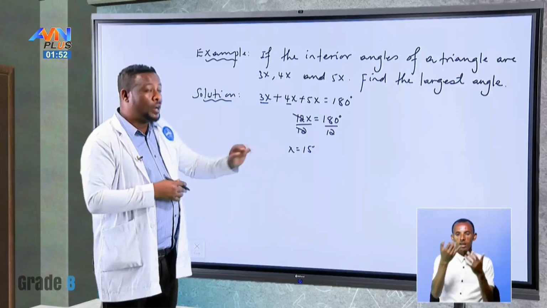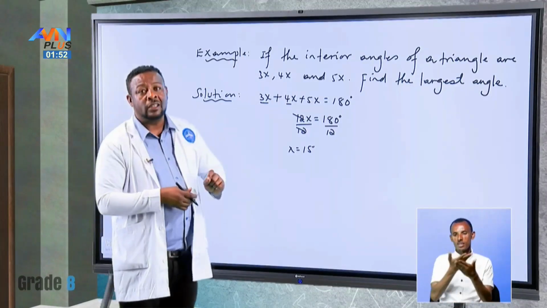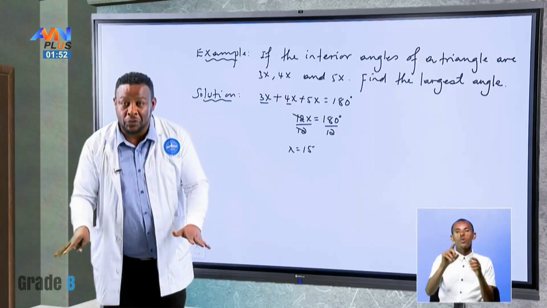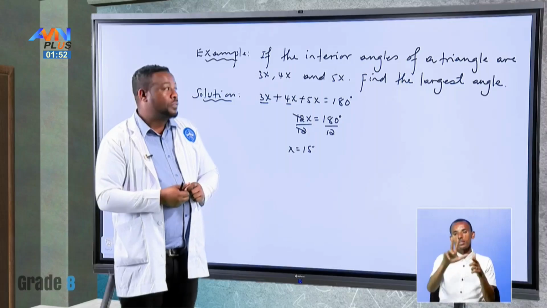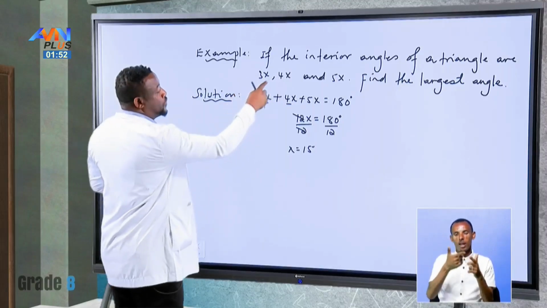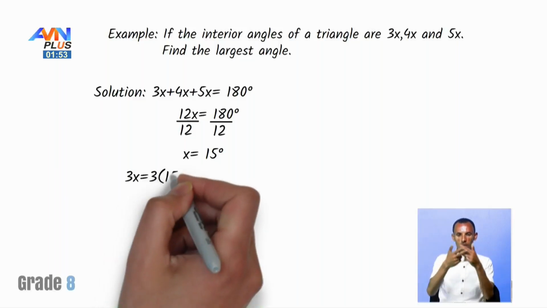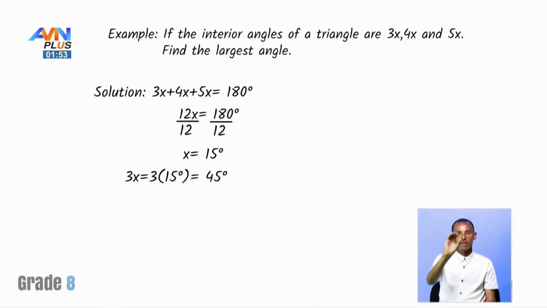Now we have the value of x. The next thing, to find the largest angle, you need to substitute the value of x and list out all the three angles. Then you can pick the largest of the three, right? So one of the angles is 3x, okay? 3x means 3 times 15 degrees. This is 45 degrees.